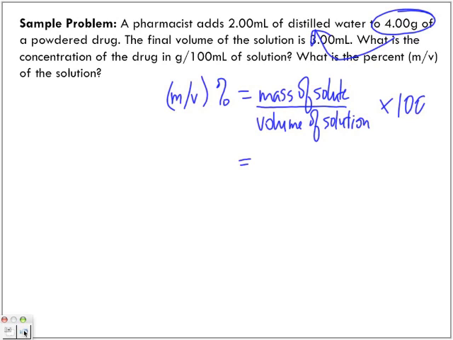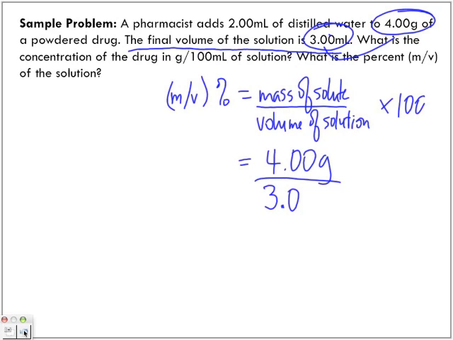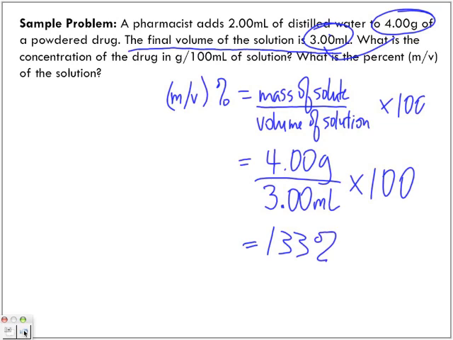So, 4.00 grams of the powder divided by the volume of the solution, and it says the final volume of the solution is, let's just erase that so you can see it, 3.00 milliliters. We're going to multiply it by 100, and our answer is going to equal 133%.